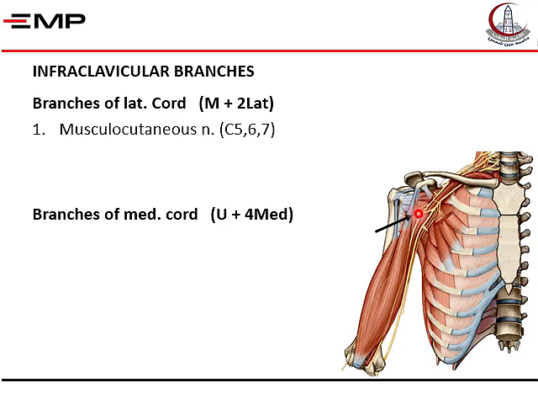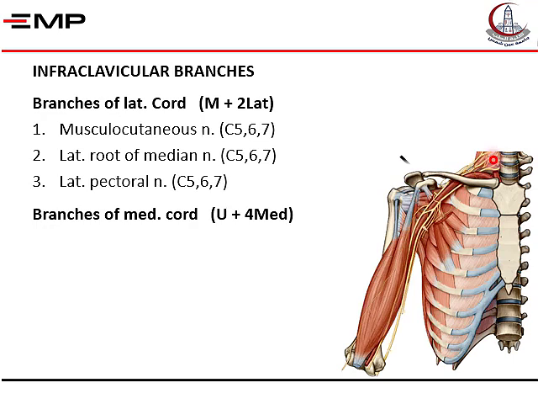It pierces the coracobrachialis to supply it, and we will study its details in the arm. We have a lateral root of median nerve that unites with a medial root of the median nerve to form the median nerve. And we have a lateral pectoral nerve.